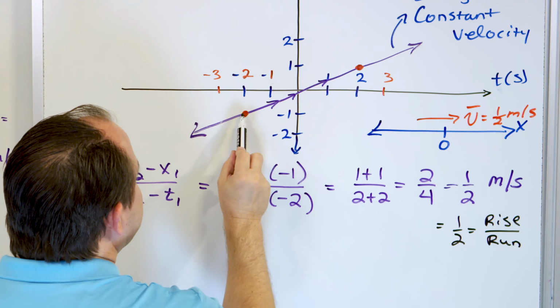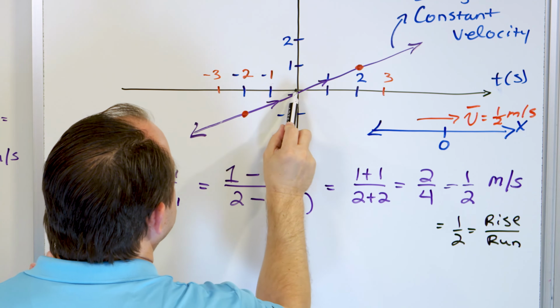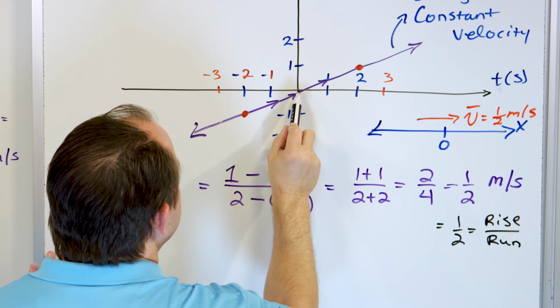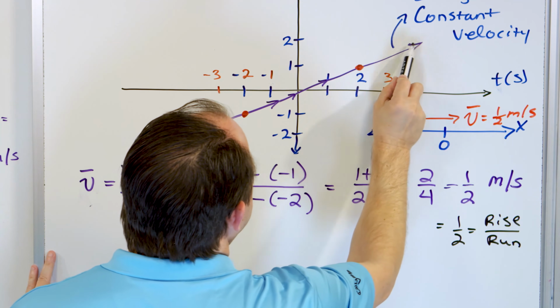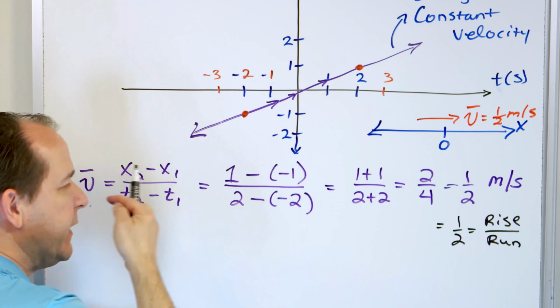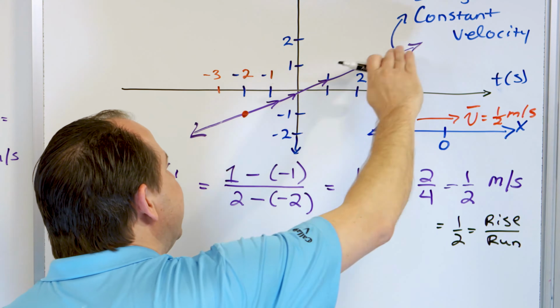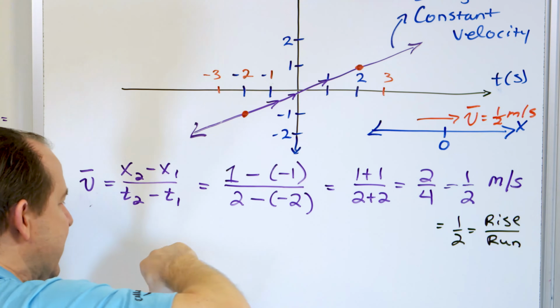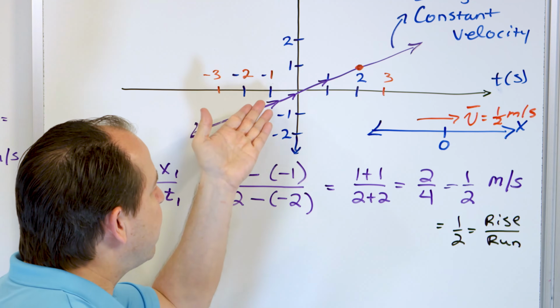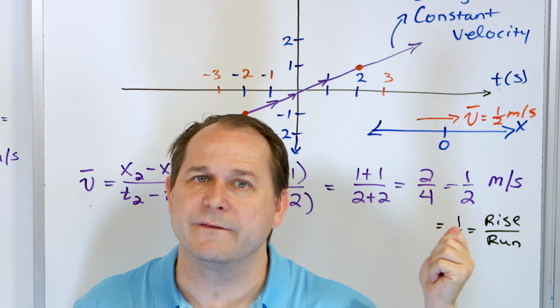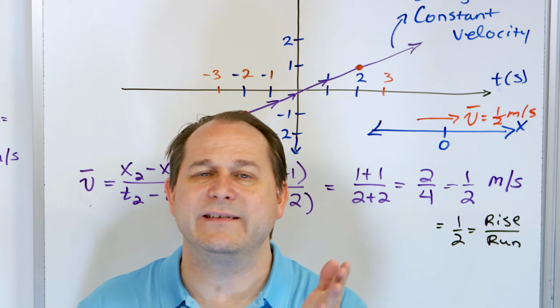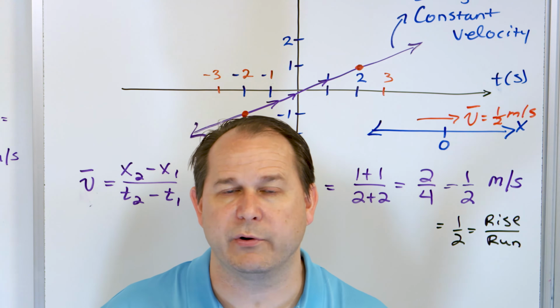So if we start right here, rise up 1, run 2 spots over, and then we go up 1, and then over 2 right here. You can see that the slope of this graph is 1/2 from looking at the graph, and the velocity we calculated is also 1/2. Once again, the slope of the line on the position graph is equal to the velocity between the 2 points.